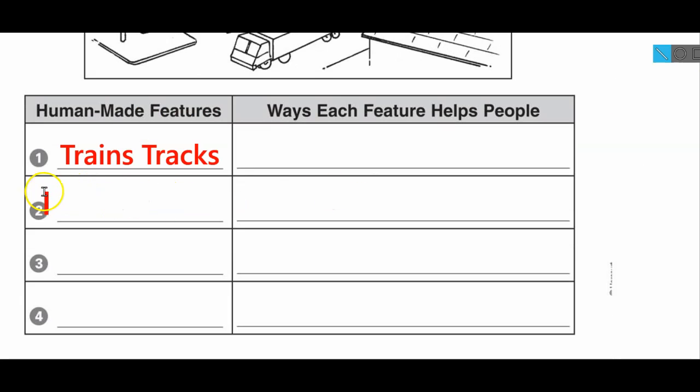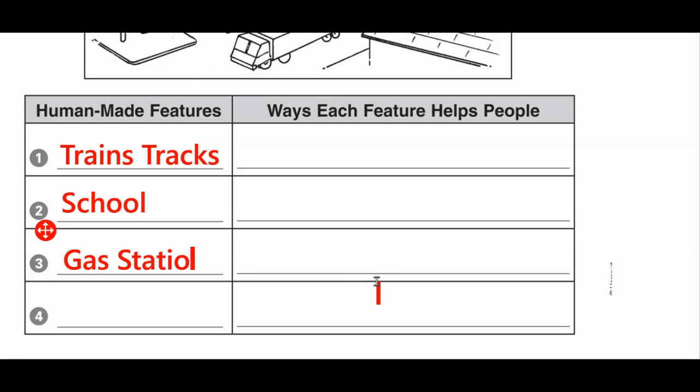So somebody said a school. It looks like might be a gas station, right? Grayson? A what? A car? Okay. How about the road that the car is on?